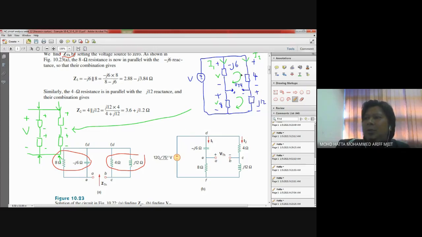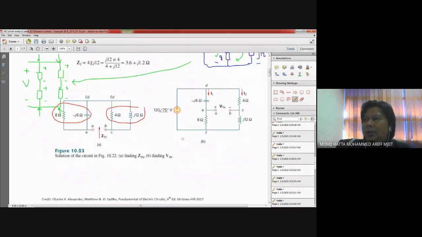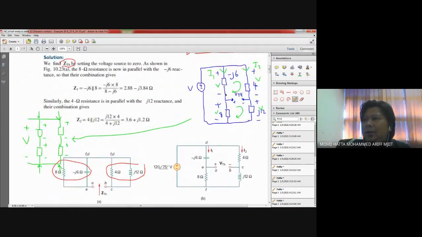Same goes for the second branch. If you use I2, you can get the voltage drop across here and also the voltage drop across here. Remember that this is an open terminal. And from there, you have all the information of voltage drop across these four elements.